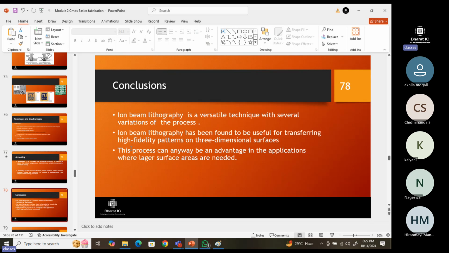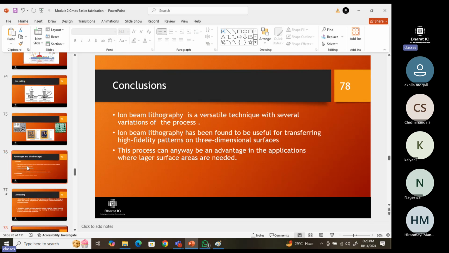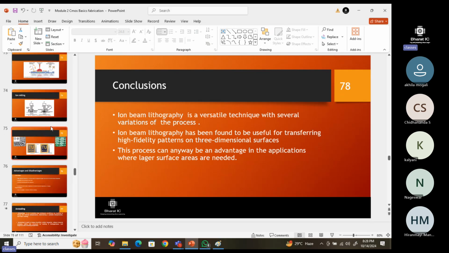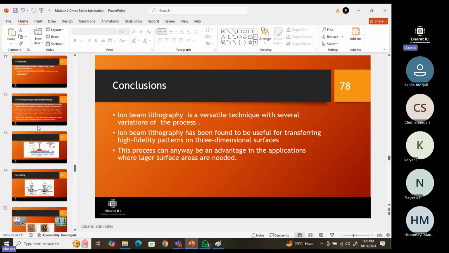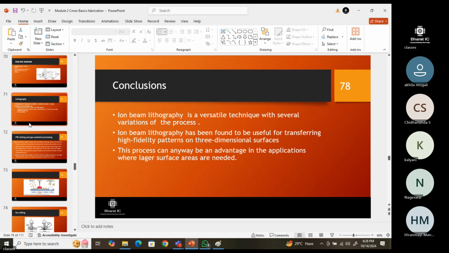So this is all about ion beam lithography: how it happens and how it works. We have discussed how ion beam lithography is done, how the beam is generated, what the sources are, what the pros and cons are, what an ion beam lithography machine looks like, how the nozzle tip looks, and the different sources, point, gas and metal.